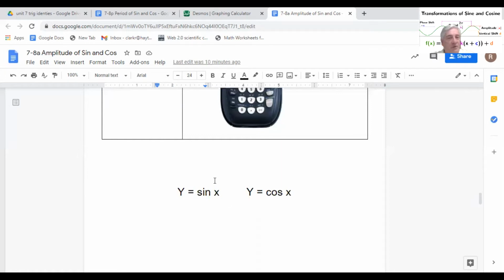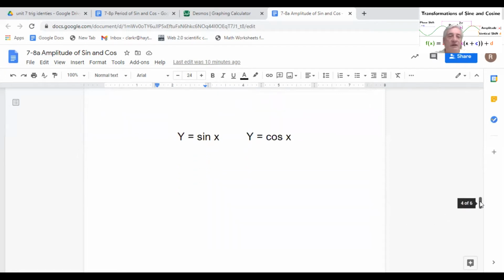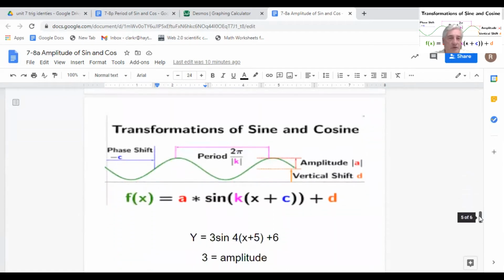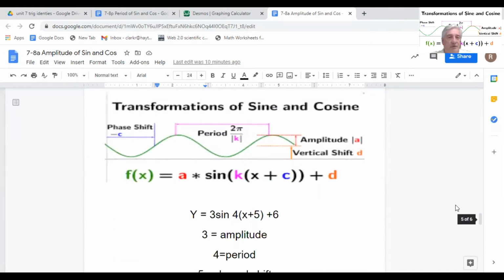We're going to put in y equals sine x, y equals cosine x, and then we're going to talk about amplitude. Now, before I get to amplitude, here is a chart that has all 4 of them in it. A is amplitude, we're going to talk about today. It's in front of the sine. And I will show you on a graph in a minute what it does.